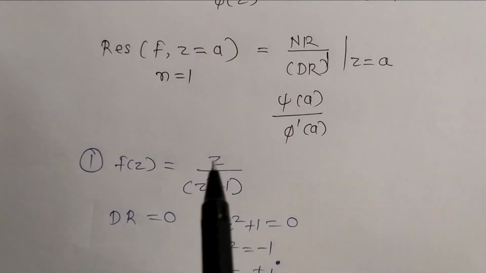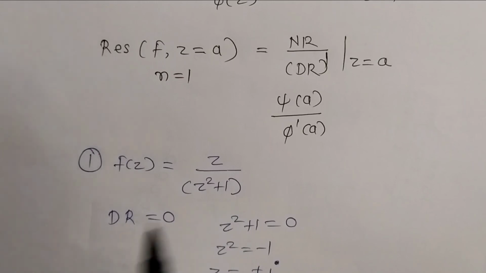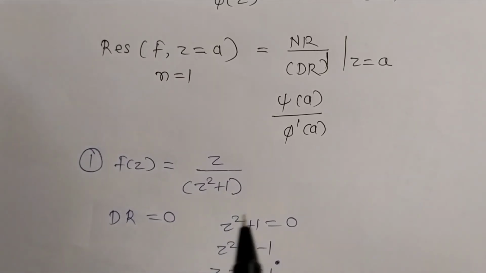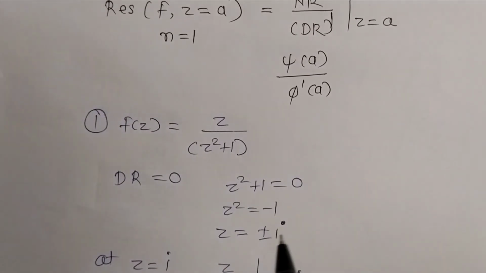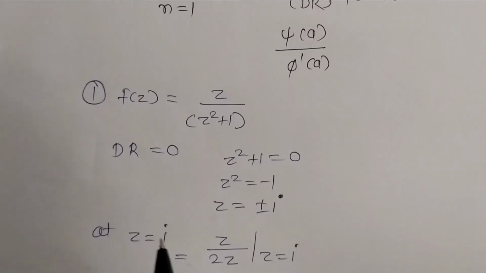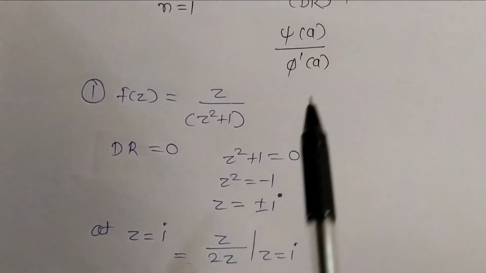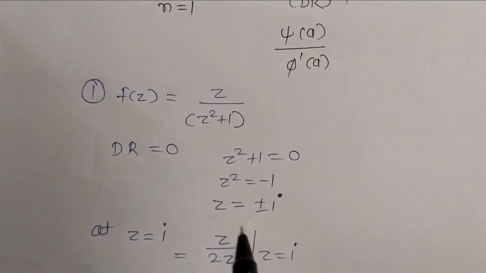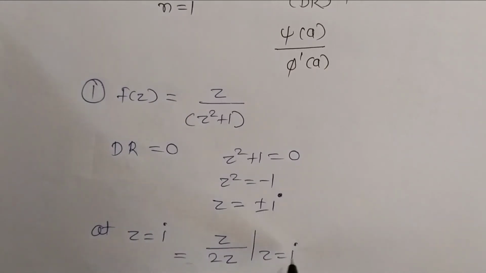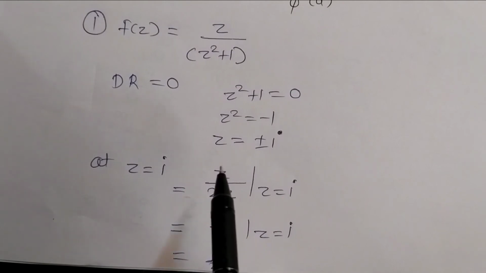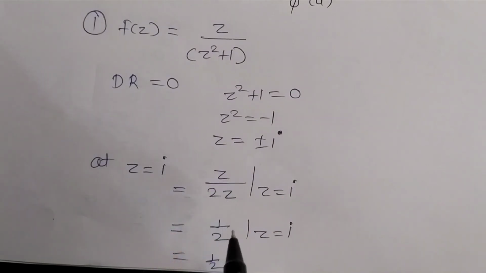Example: f of z is equal to z upon z square plus 1. When the denominator is equal to 0, z square plus 1 is equal to 0, z square is equal to minus 1, z is equal to plus or minus I. When z is equal to I, the numerator z we keep as it is and differentiate the denominator, which gives twice z, and put z is equal to I. So I upon twice I is 1 by 2.